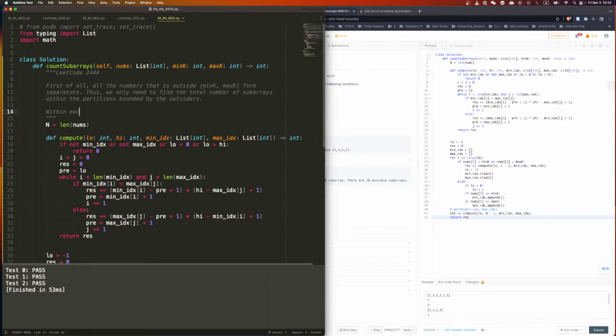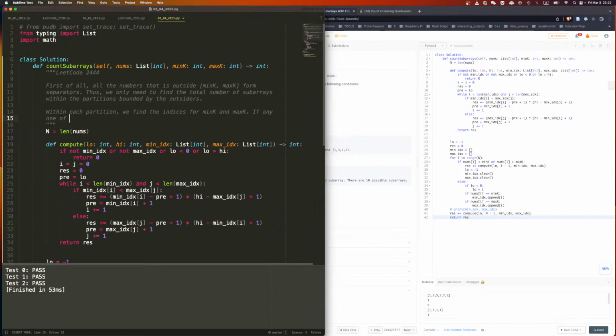Now, within each partition, we find the indices for min k and max k. If either is empty, there is no valid subarray in the partition.